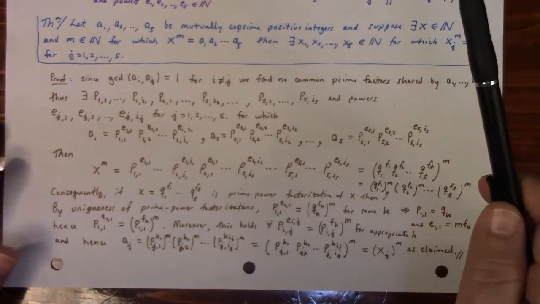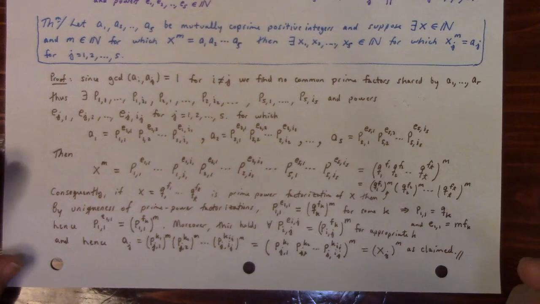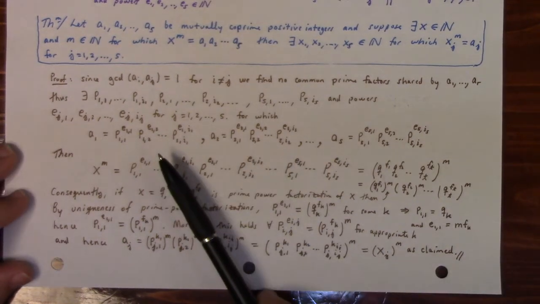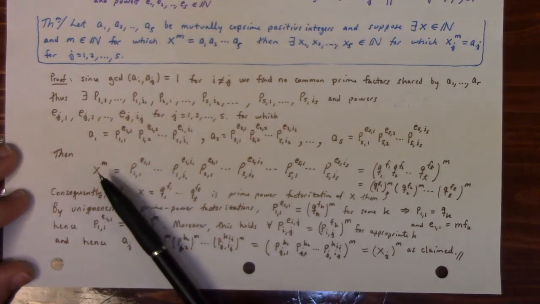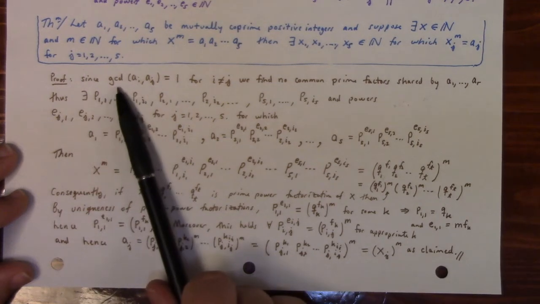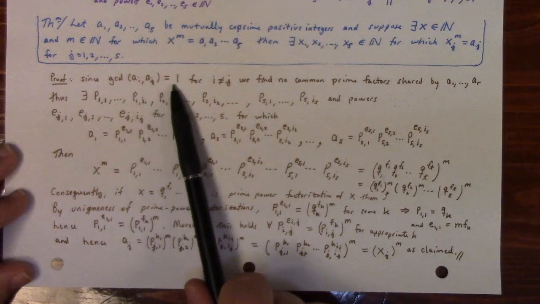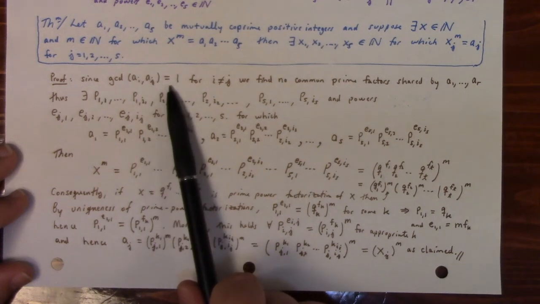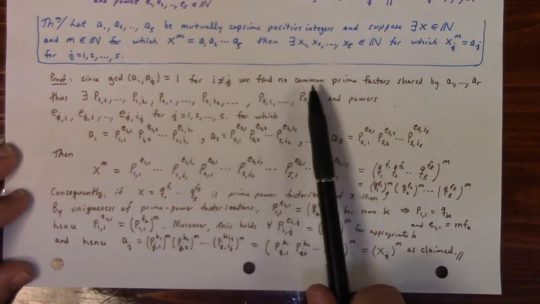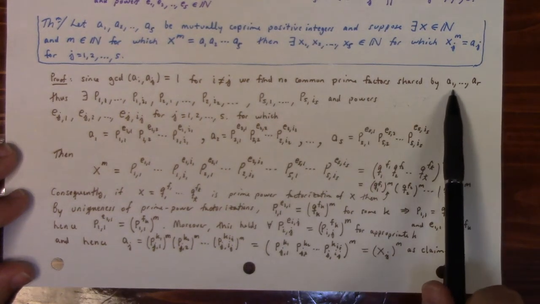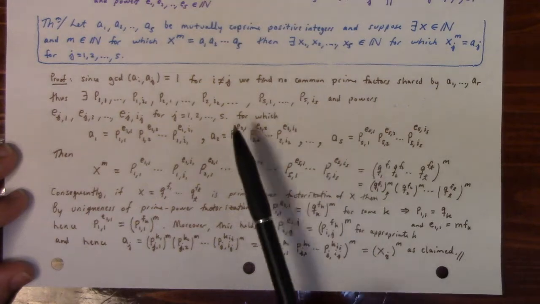All right? And the proof is basically just using the prime power factorizations of these things and sorting through what coprime gives us. Since the GCD of a_i and a_j is 1, that's what it means to be mutually coprime, there are no common prime factors shared between a_1 through a_s.